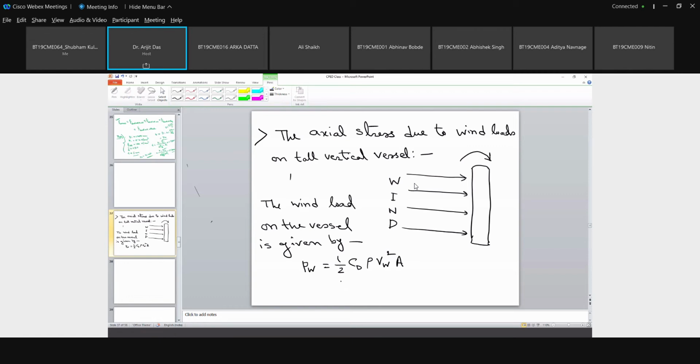What is the meaning of that? The wind load is PW, capital PW, and CD is the drag coefficient.